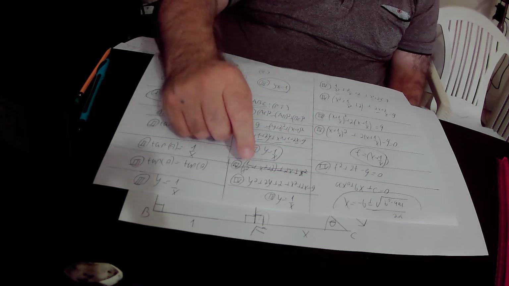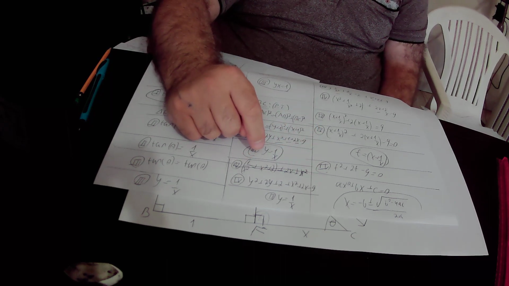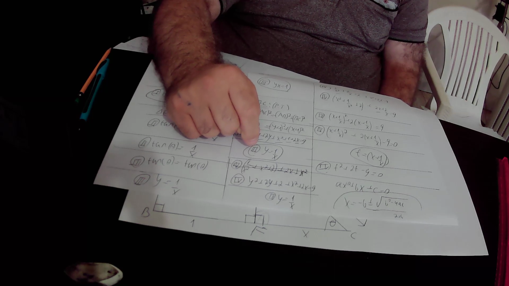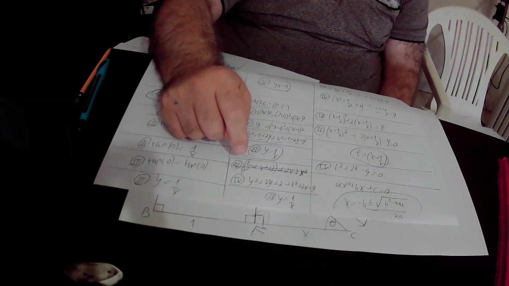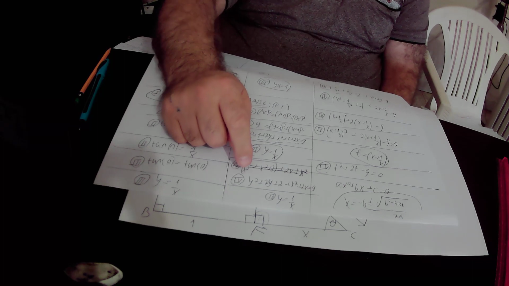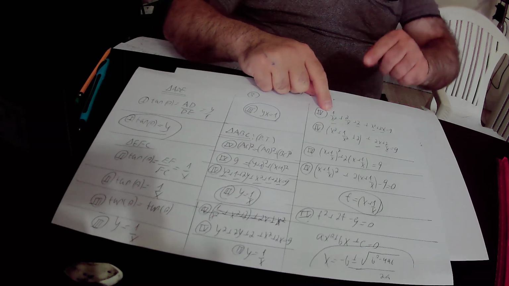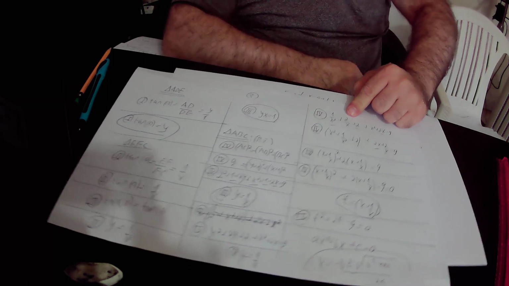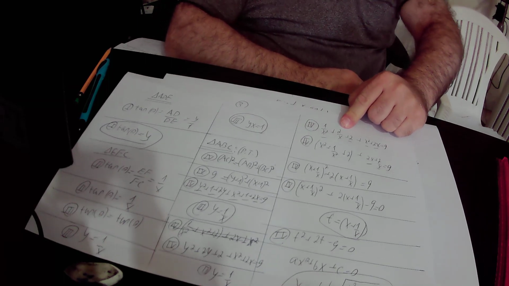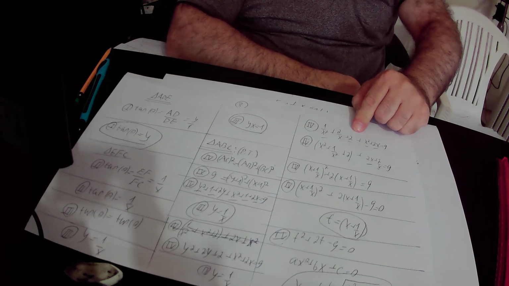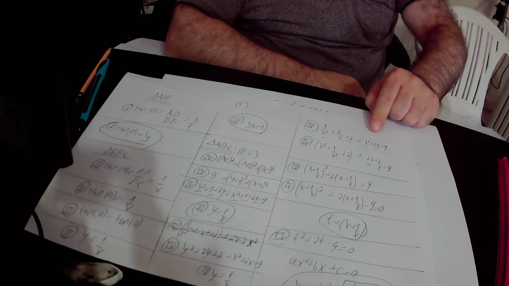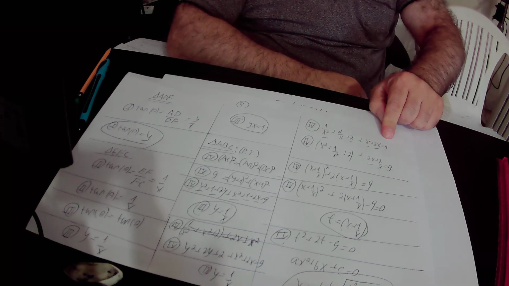And then we substituted y by 1 over x, because according to equation number 3, y equals 1 over x. And we got that y squared is 1 over x squared, plus 2y is plus 2 times 1 over x, plus 2 plus x squared plus 2x equals 9.